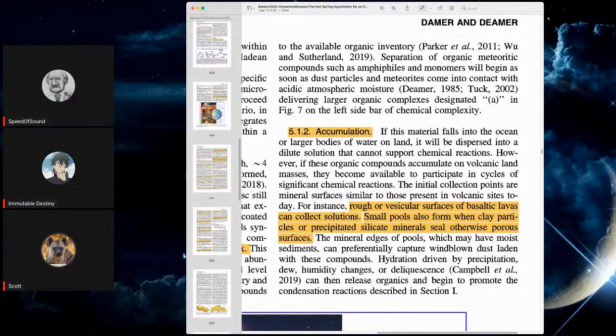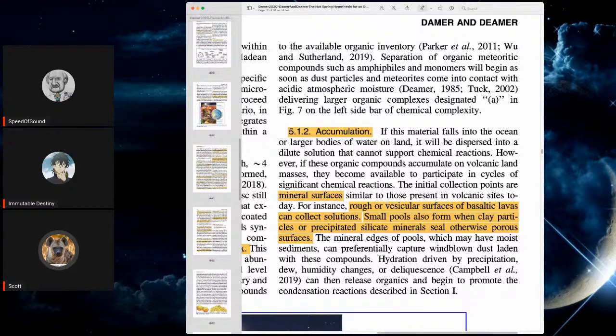5.1.2. If this material falls into the ocean or larger bodies of water on land, it will be dispersed into a dilute solution that cannot support chemical reactions. However, if these organic compounds accumulate on volcanic land masses, they become available to participate in cycles of significant chemical reactions. The initial collection points are mineral surfaces similar to those present in volcanic sites today. For instance, rough or vascular surfaces of basaltic lavas can collect solutions.